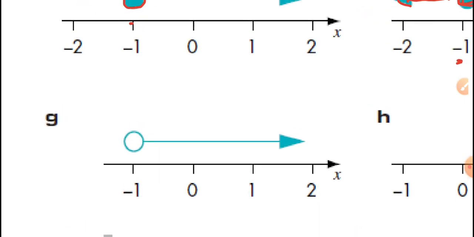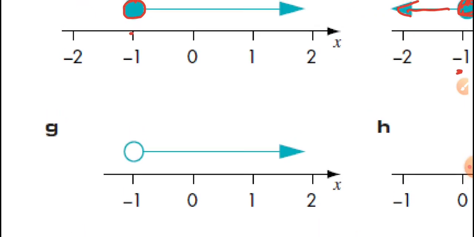Moving on to G. I can see it's got something to do with minus 1, and because the arrow is going to the right, I can see x has to be greater than minus 1. And can you see it's not shaded? So I'm not going to put the equal sign in.